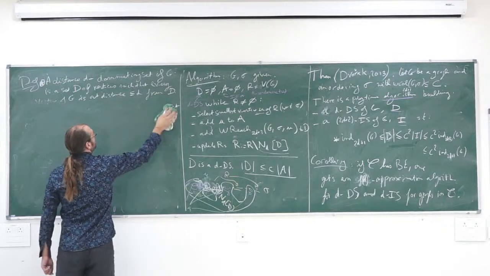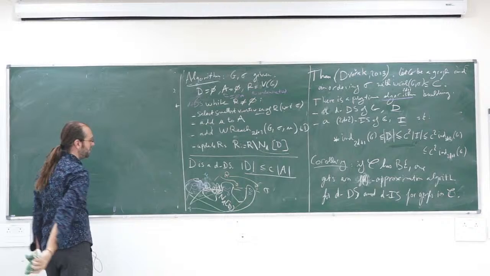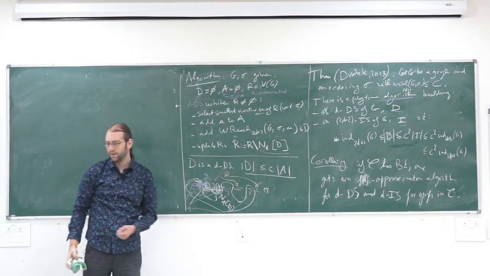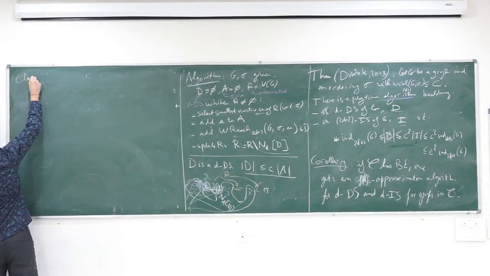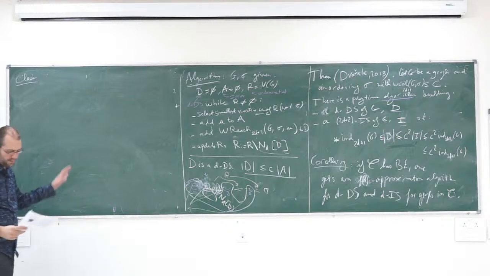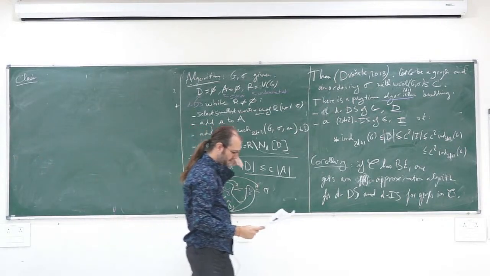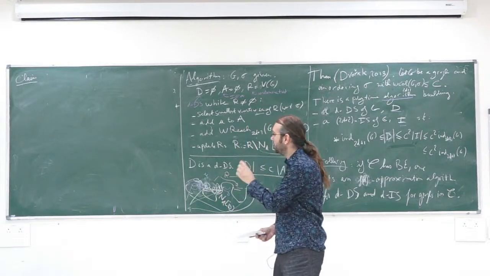What we'll do is we will take A, and inside we'll find our I. This will be based on the following claim. I will not prove the claim at first; I will explain the claim, deduce the proof, and then I will prove the claim.